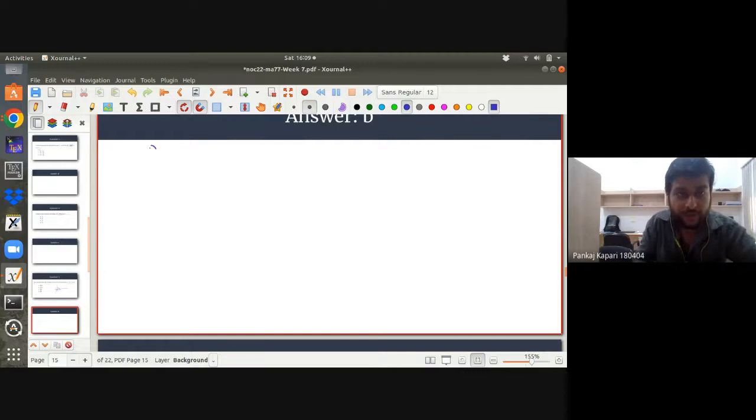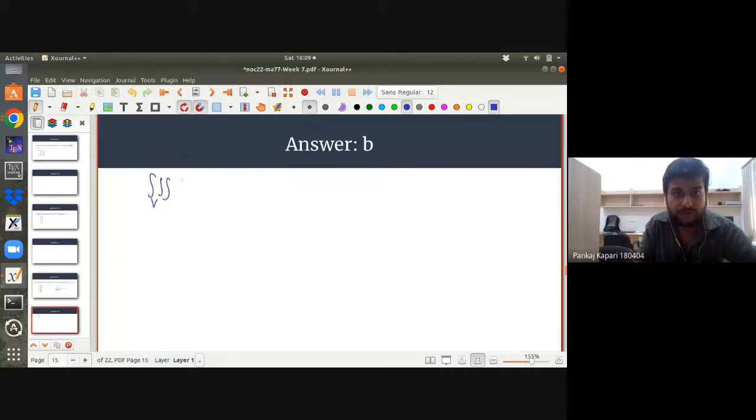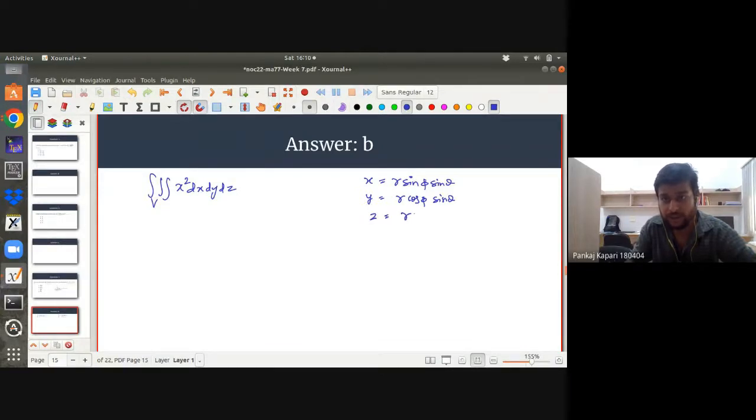We have to find this volume integral of x square dx dy dz. Now we'll change this integral to spherical coordinates. So we'll put x equal to r sine phi sine theta, y as r cos phi sine theta, and z as r cos theta, right?